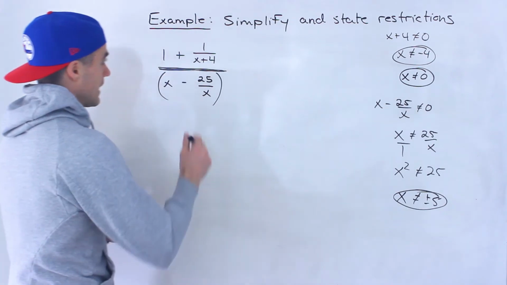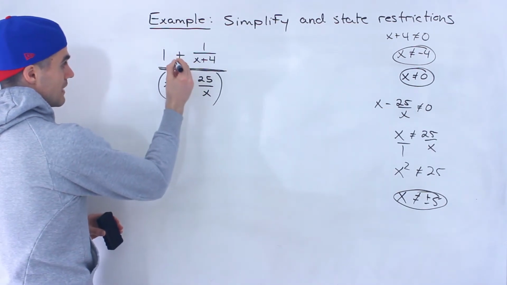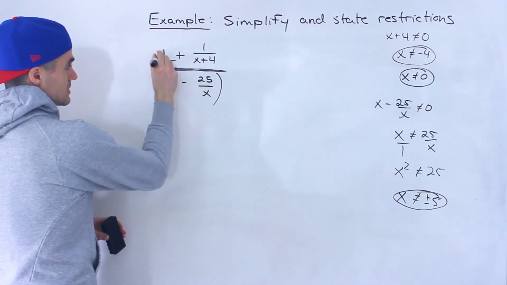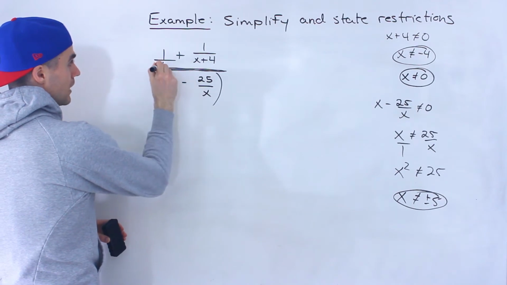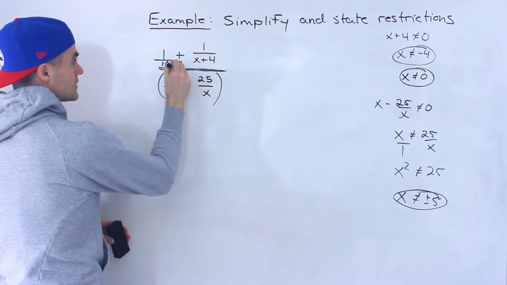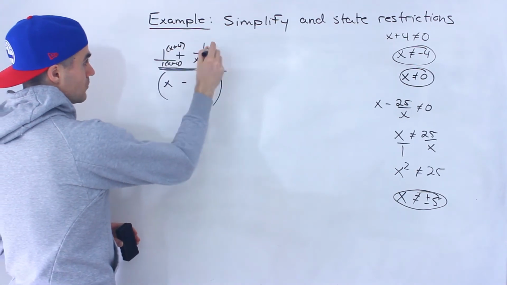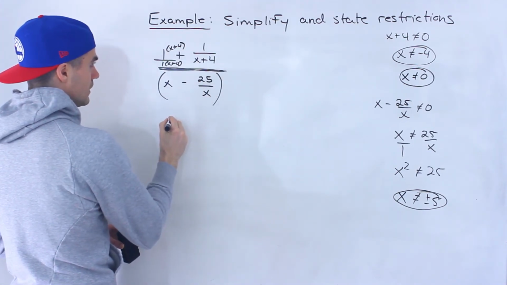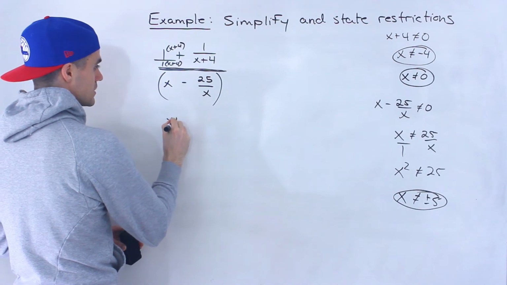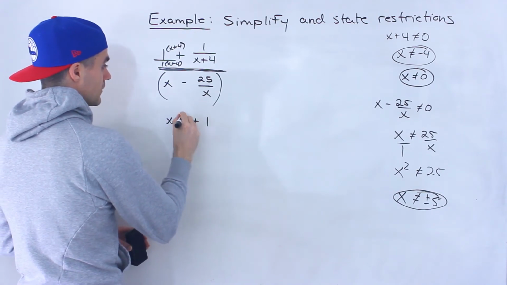Now, if we were to simplify this, notice that this is like 1 over 1, so we can multiply it by x plus 4, and then the top we can multiply by x plus 4. So we'd have x plus 4 plus 1. Actually, let's just write it all out here.